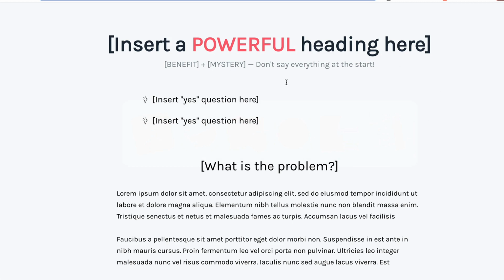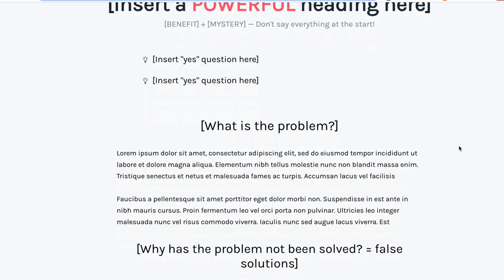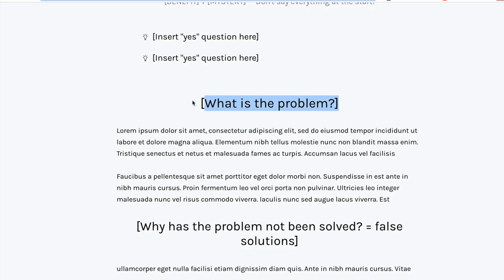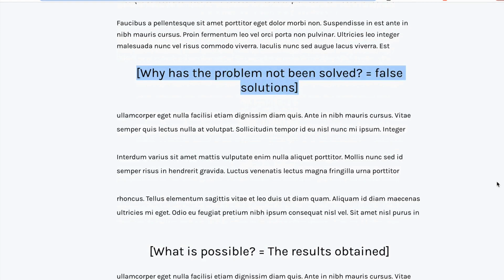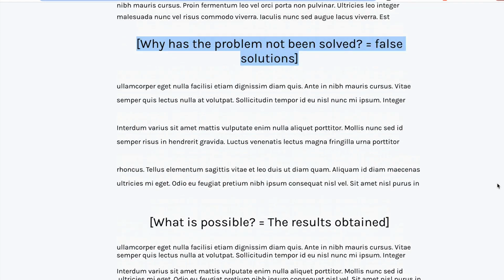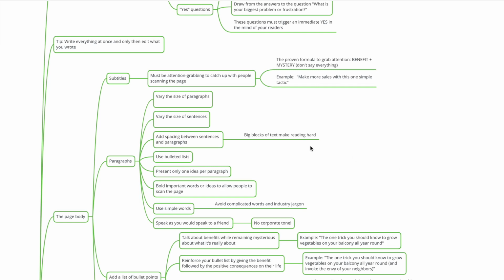So here would be the headline, here would be the yes questions, and these are going to be the sub-headlines, right? So they're the titles of the paragraphs that follow, right?